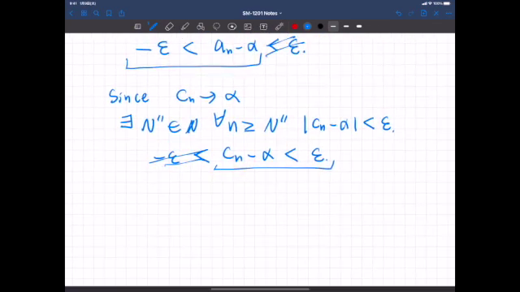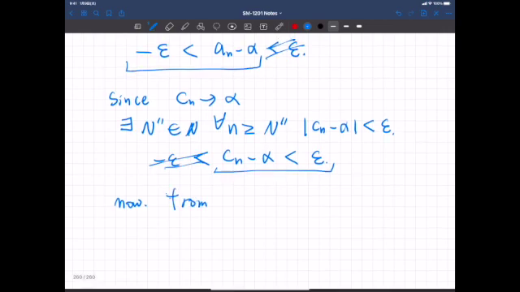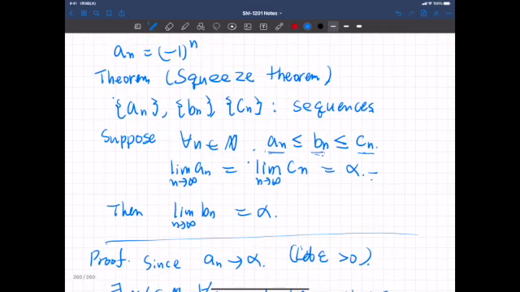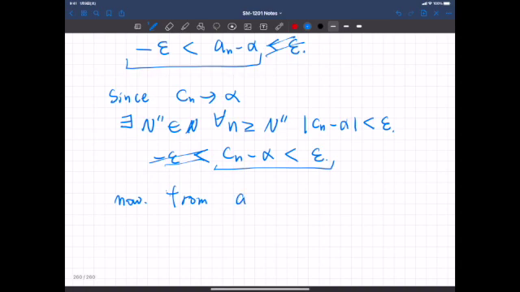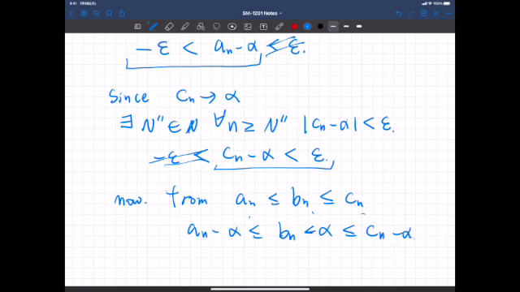Okay, now from one of the assumptions here, this one, we have a_n less than or equal to b_n less than or equal to c_n, and by subtracting alpha from everything, we have a_n minus alpha less than or equal to b_n minus alpha less than or equal to c_n minus alpha.